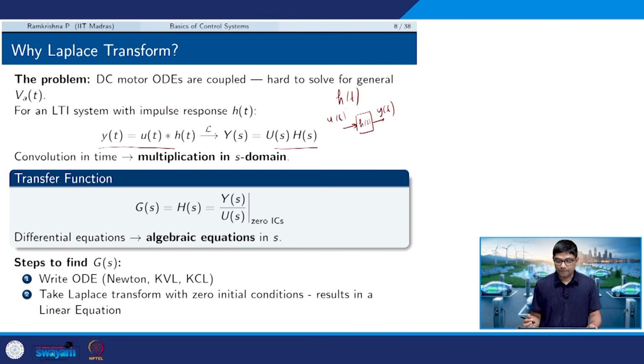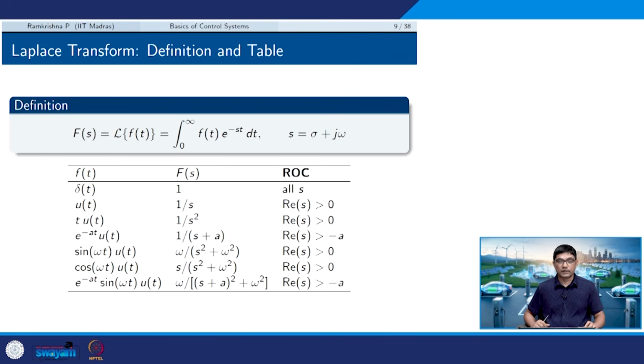Okay. So, we will also define now the notion of a transfer function. The transfer function is represented as the Laplace transform of the output to the Laplace transform of the input, assuming all initial conditions are 0. Okay. So, what is the Laplace transform? Given a signal f(t), the Laplace transform is defined in the following way.